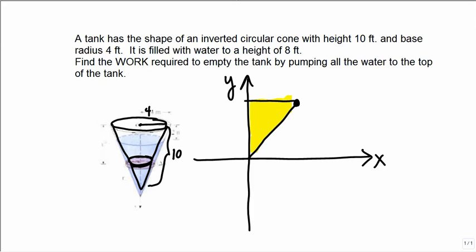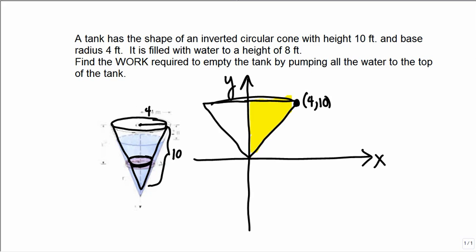Now looking at this, we know that the radius of the base is 4 feet. So x is 4, and we know the height is 10. If you can picture, when we rotate this about the y-axis, we are getting this right circular cone.